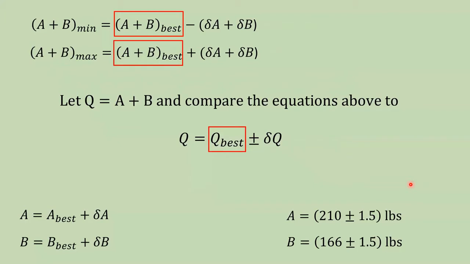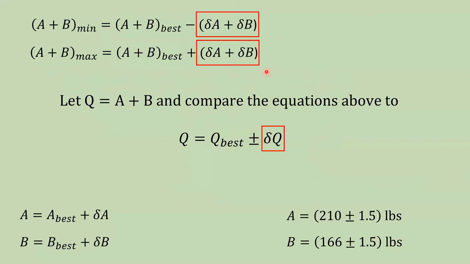But if you just compare this general formula for any measurement or any calculated quantity, plus or minus uncertainty, compare that to the two results previously, we see that the best estimate for Q, of course, is just the sum of the best estimates. And then this is the answer we were looking for.